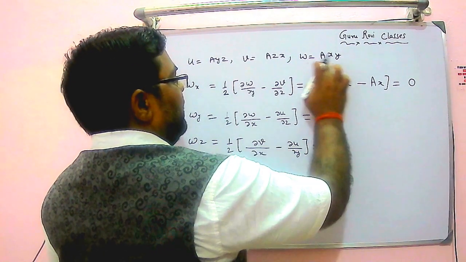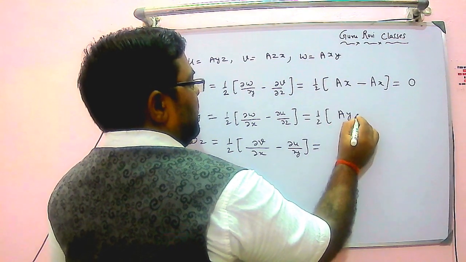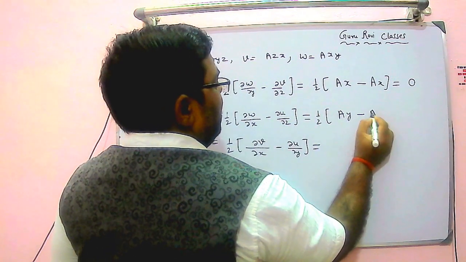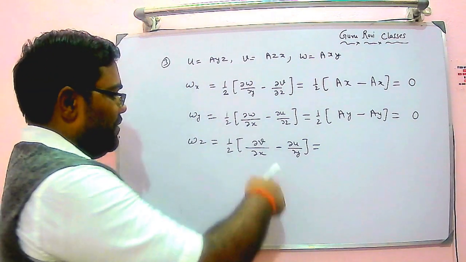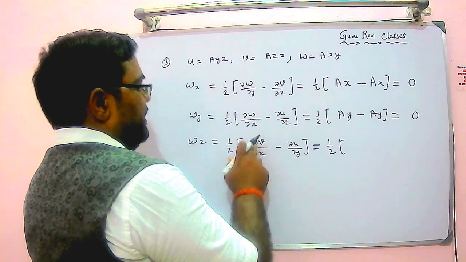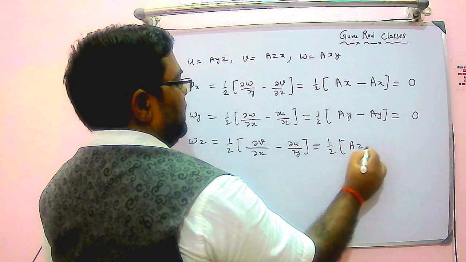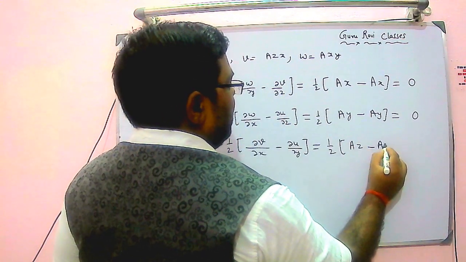Now the w component needs to be differentiated with respect to x. I get a y, minus the u component with respect to z, I get a y. This is also becoming 0. Let's try for the third one. Half, velocity component v with respect to x, I get a z, minus the u component with respect to y, I get again a z.